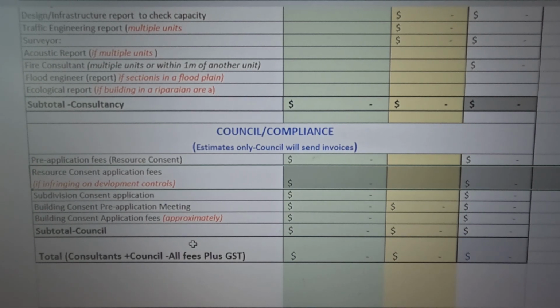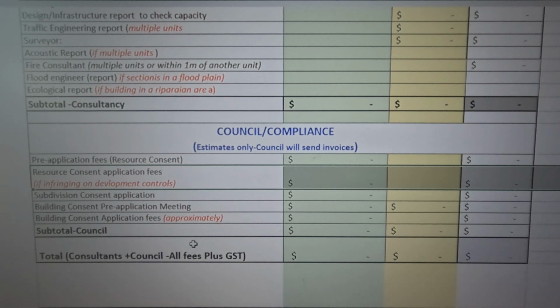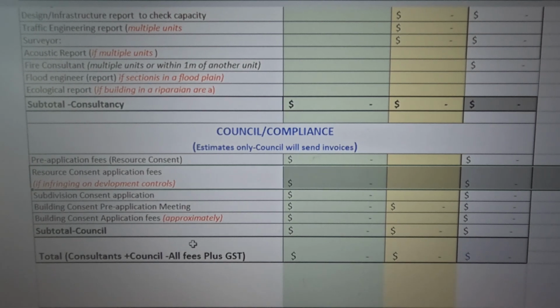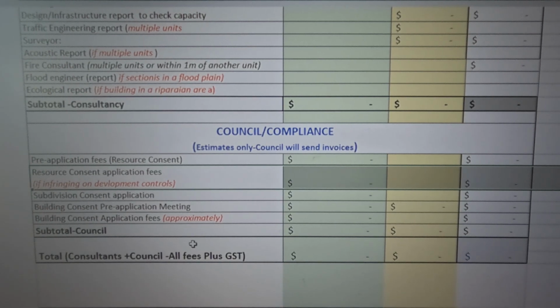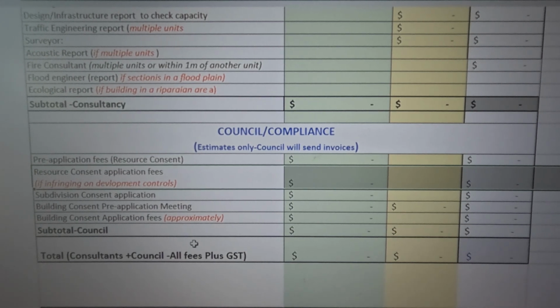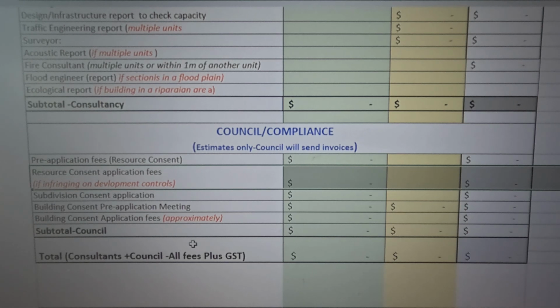So when it comes to council, it's always advisable to have what we call a pre-application meeting. You may have determined from your urban planner or designer that you're going to need a resource consent. So council always advises to have a pre-application meeting, okay?